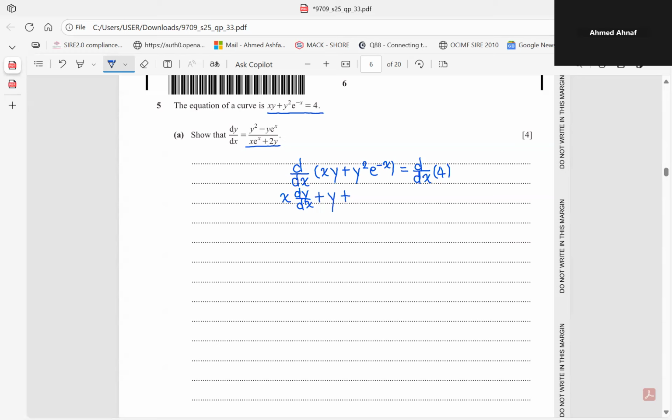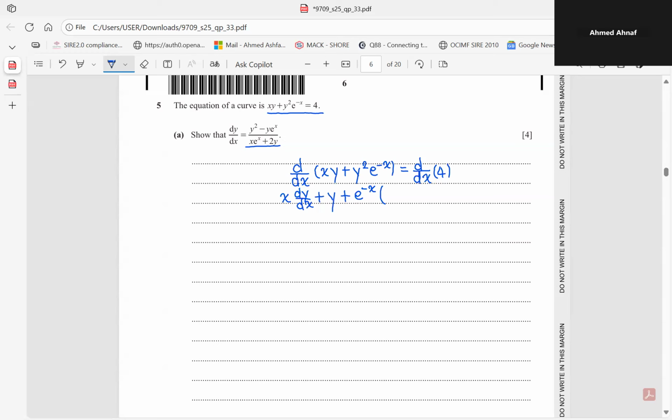And then this will be plus, we're going to now differentiate y² times e^(-x). Again, we're going to use the product rule. So we're going to keep e^(-x) and differentiate y².